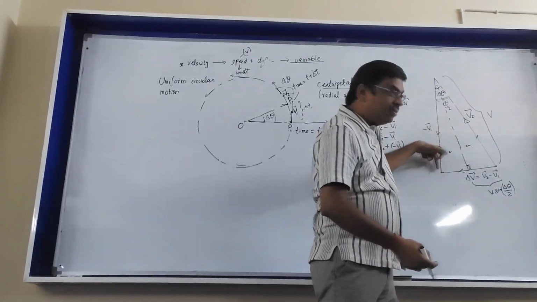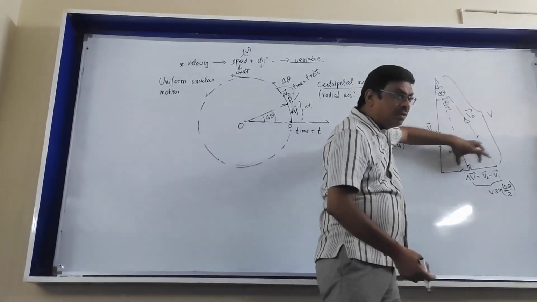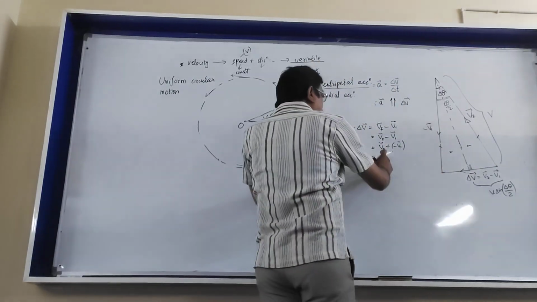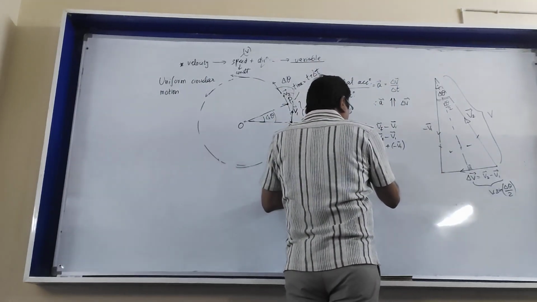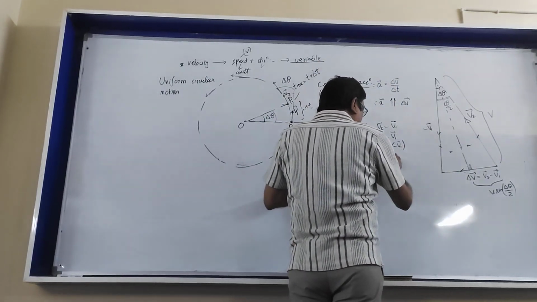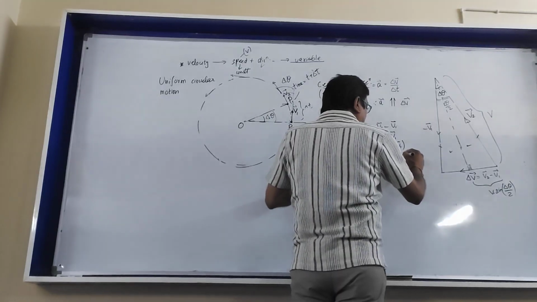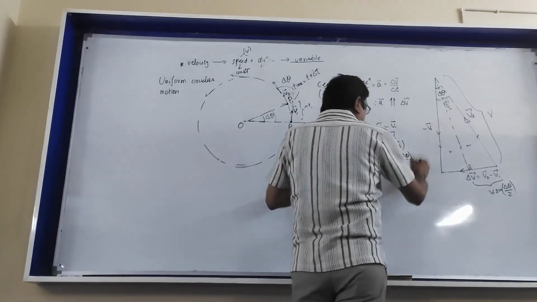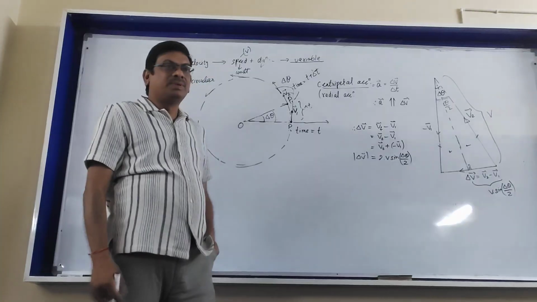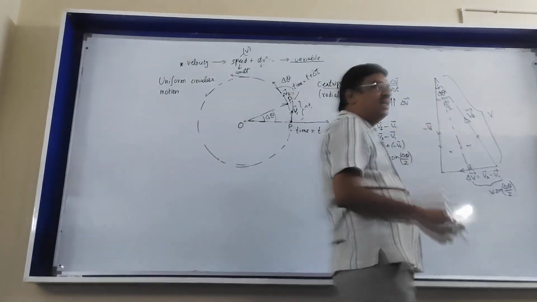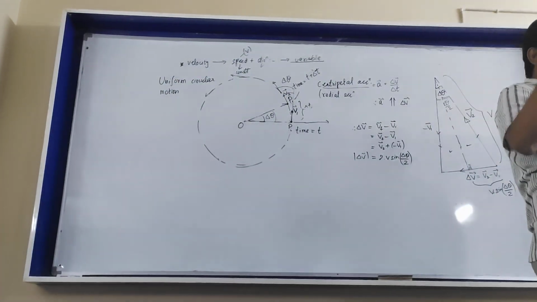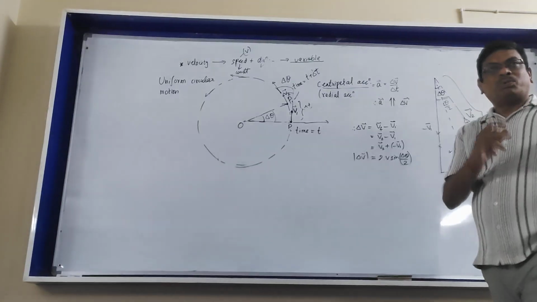And the total change in velocity is double of this because these two are equal. So numerically it will be 2 v sine delta theta by 2. The mod, the value: in vectors, value means length, because length is proportional to the magnitude.